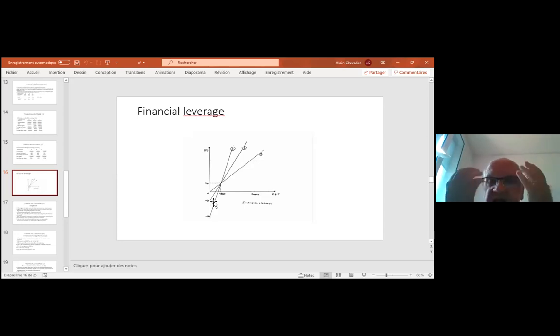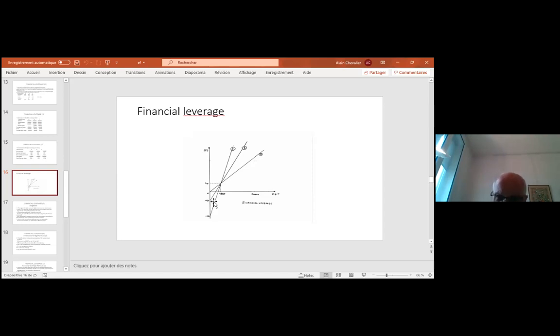So the financial structure is much more important for a firm where the return on operations, which is the EBIT, is different from the interest rate. If the return on operations is higher than the interest rate, that means it's a good policy to use more debt than equity.